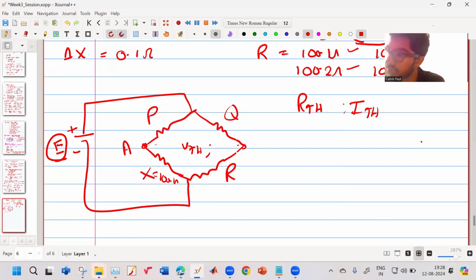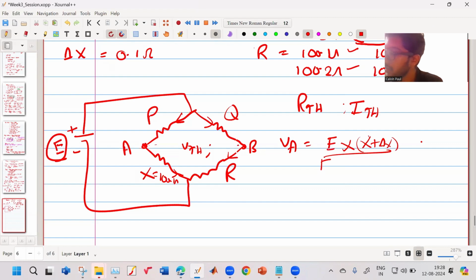It is across this A and B. The current will flow like this and like this. So the voltage at A is E into x plus delta x upon P plus x plus delta x, by the resistive divider rule.